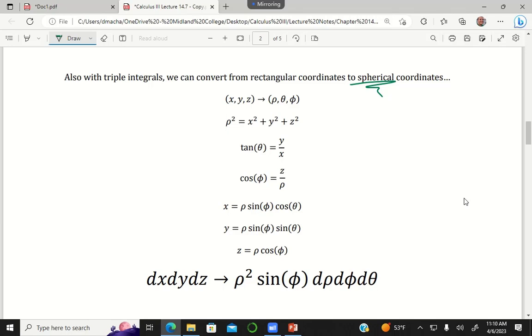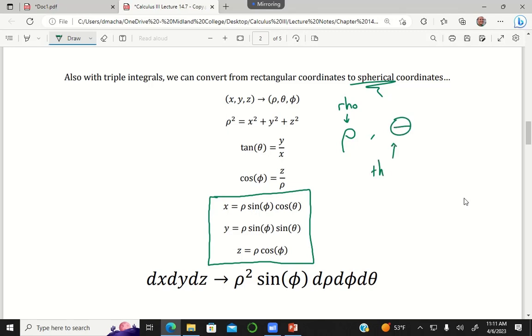If you want to convert from rectangular xyz coordinates to spherical, which is rho, theta, and phi, theta is the same angle as it is for polar coordinates, so that's nice and easy. And then phi is less obvious, so I'll try to show you what phi is.